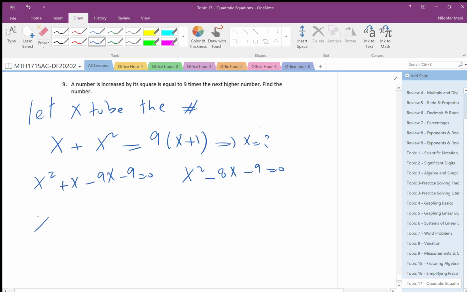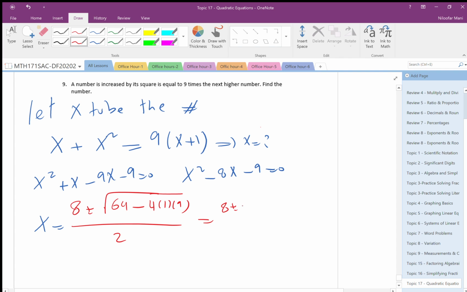So x is, let's find it. So 8 plus minus radical 64 minus 4 times 1 times 9, right? Beautiful. So it is 8 plus minus radical 64 minus 36. 64 minus 36 is 28 over 2.